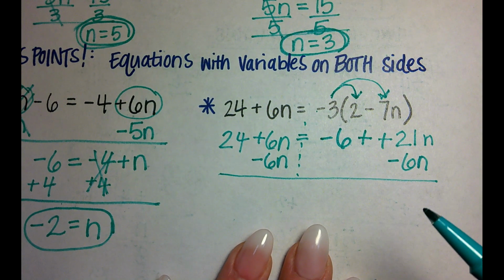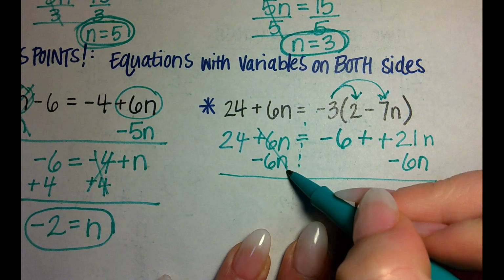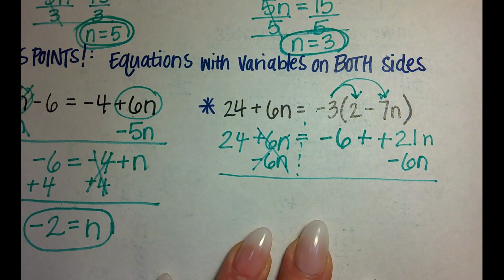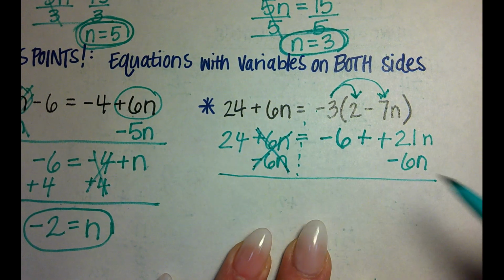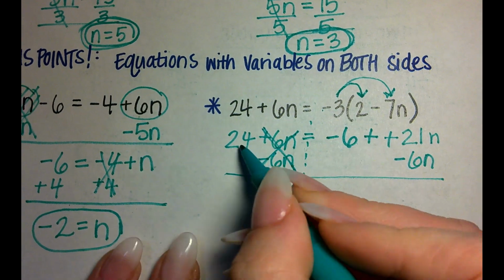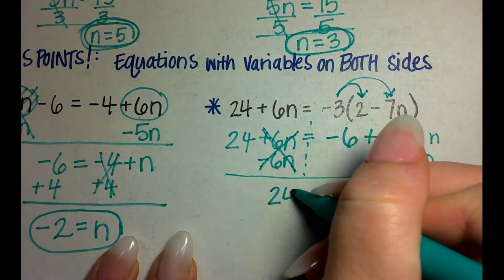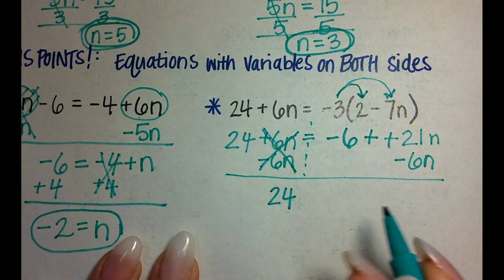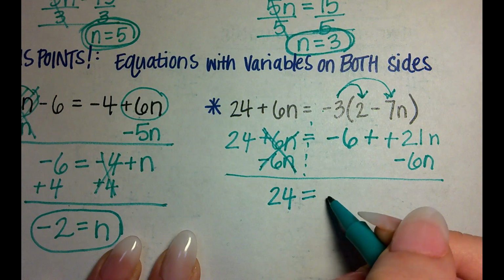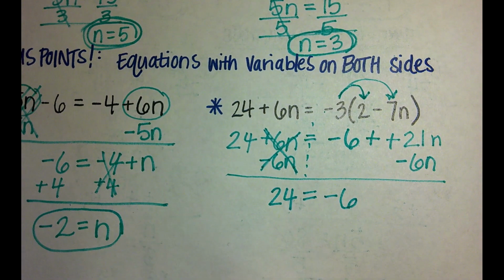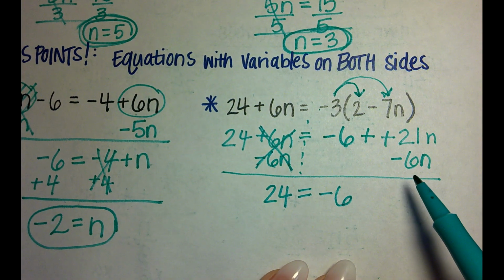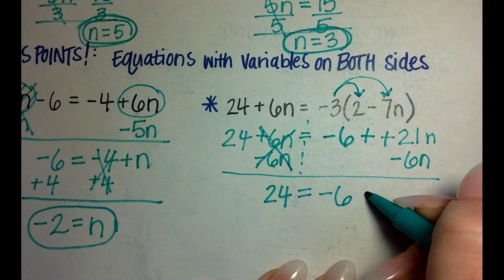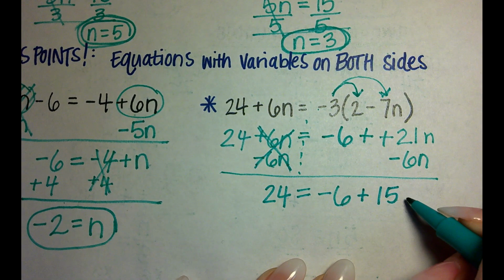Good. My 6n's cancel. Okay, so I'm going to bring down 24 equals -6, 21n minus 6n, 15. Good. Plus 15n.